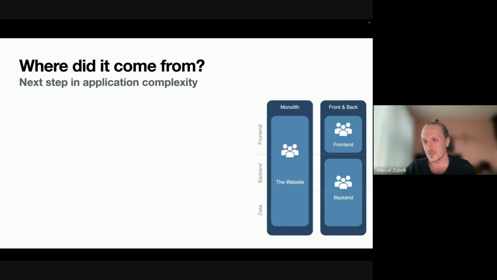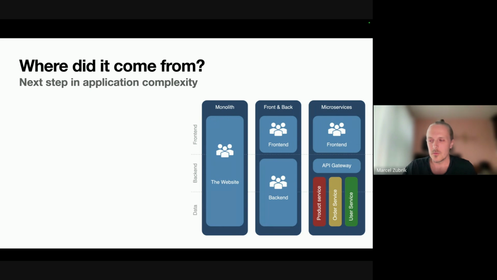And then we decided to split it into front end and back end, because the front end is doing something different. It shows the user what he needs to see and lets him work with the application. And the backend works with data and business logic under the cover.